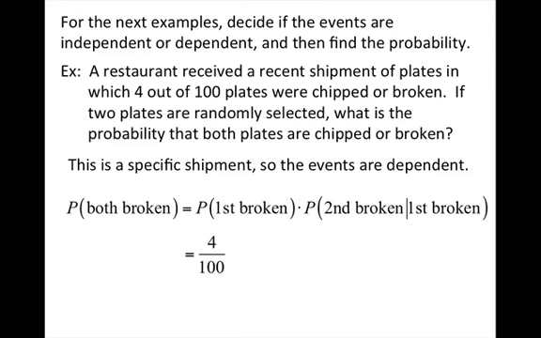What are the chances of reaching in and pulling out another broken plate? Well, since you've pulled out one of the 4 broken plates, you only have 3 broken plates left. And instead of 100 plates in a box, you've already pulled out one, so you only have 99 total plates. So the probability that they were both broken is 1 out of 825.